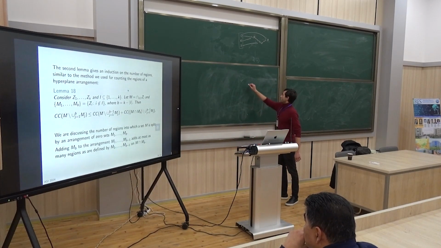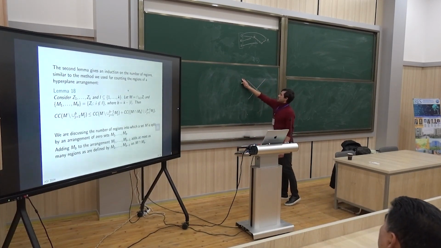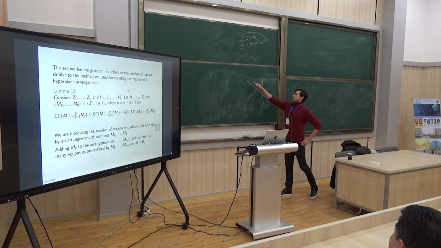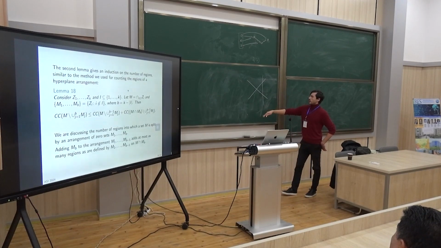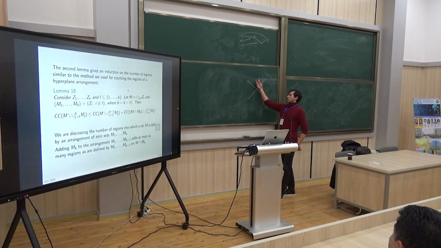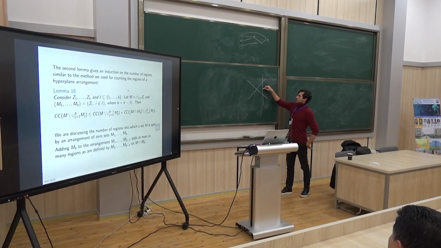So the drawing that we had was something like this. We have an arrangement of 2 surfaces, and we're adding a third surface, and we want to know how many regions we get in total. And we said that's going to be the number of regions we had at the beginning plus the number of regions that we get in the new surface.